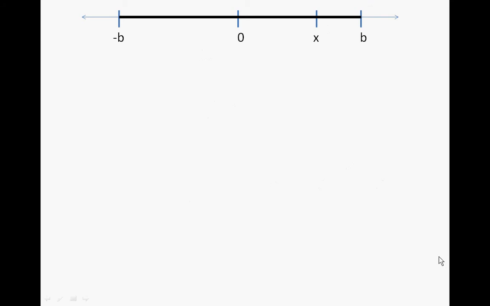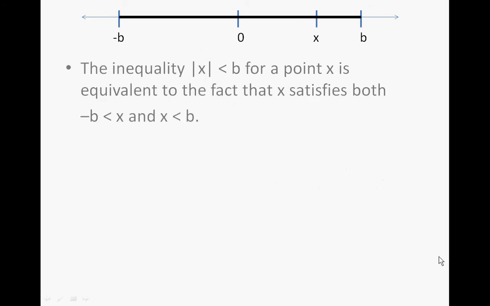All right, so continuing with our diagram. The inequality of the absolute value of x is less than b for a point x is equivalent to the fact that x satisfies both minus b is less than x, which is true because it is to the left of x, and x is less than b, which is also true because x is to the left of b.